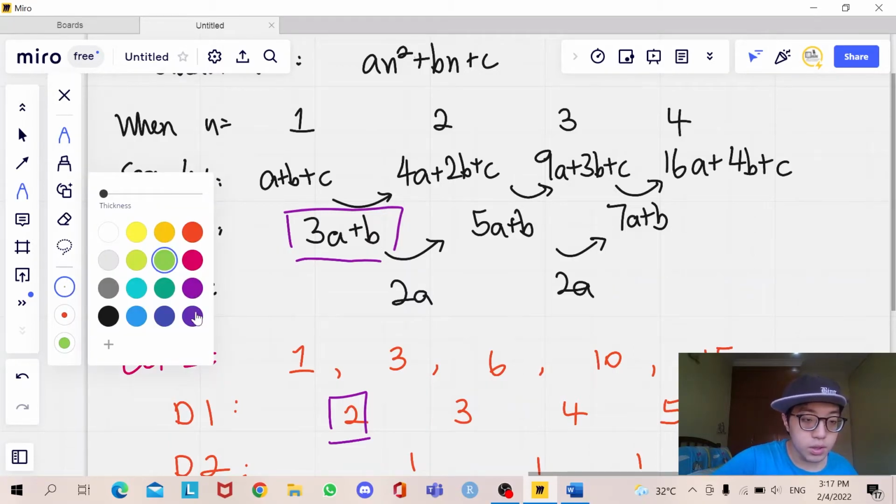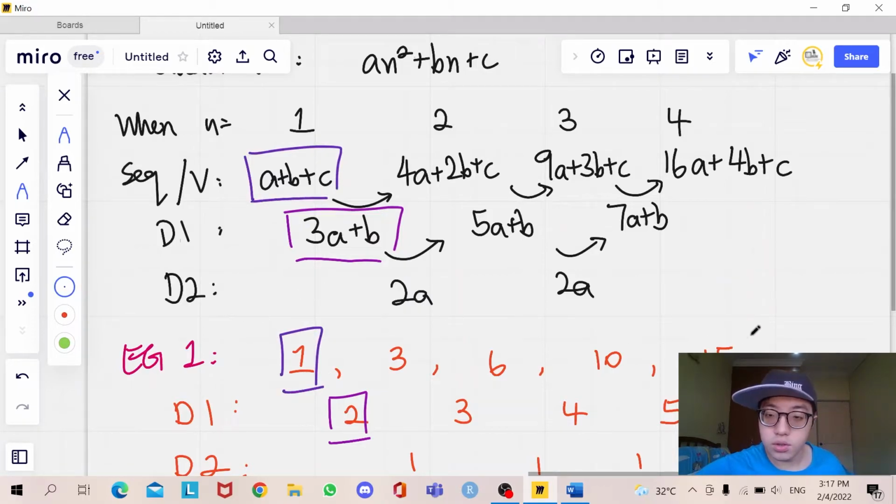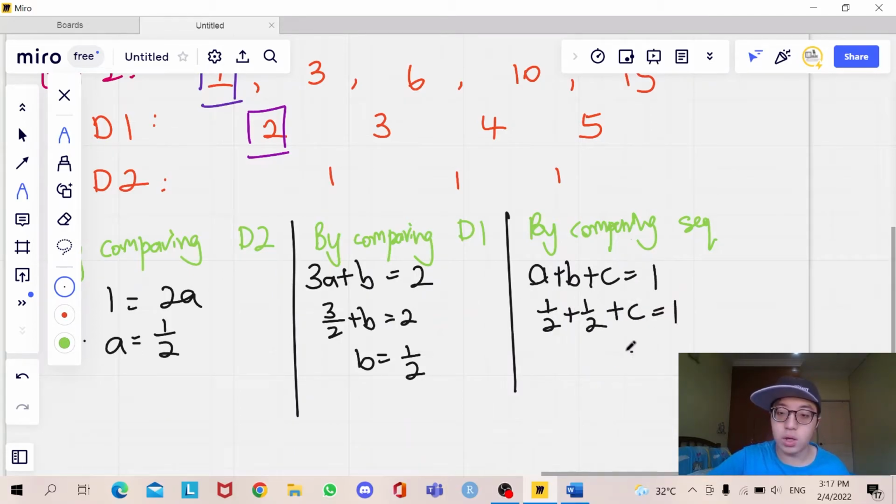So we will write down here, a plus b plus c is equal to 1. And from the first two parts, we get 1 over 2 plus 1 over 2 plus c is equal to 1. And therefore, c is equal to 0.